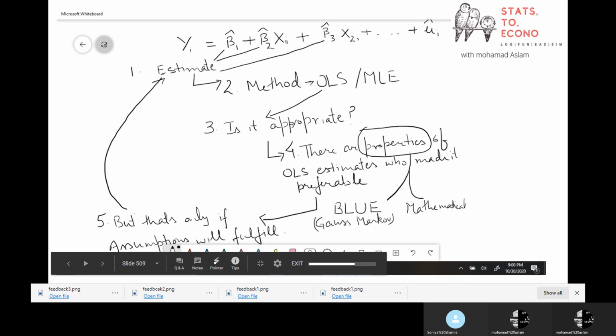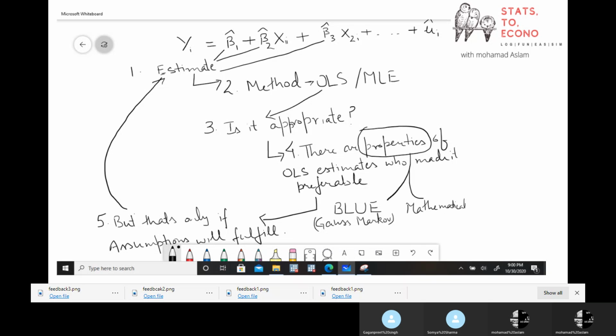We have to understand these properties, because the whole reason for using OLS is based on them. When we study the problems in basic econometrics with the assumptions, these properties either cannot be fulfilled, or there might be problems with them if the assumptions are not fulfilled. That's the second part we will do in basic econometrics. But first, let's understand these properties.